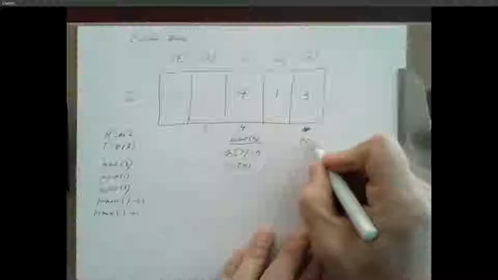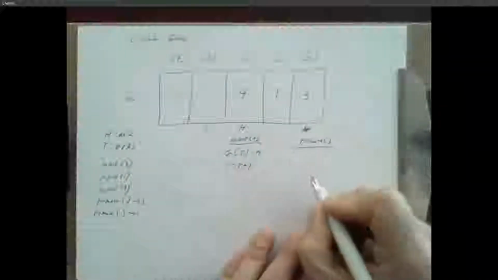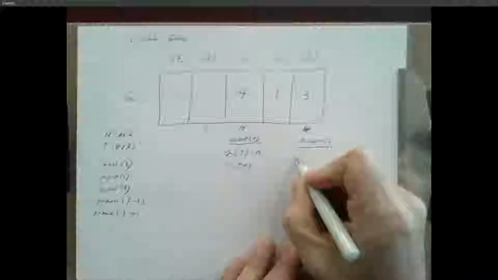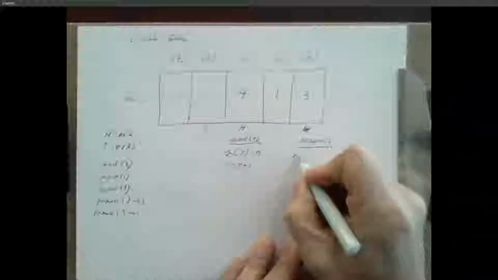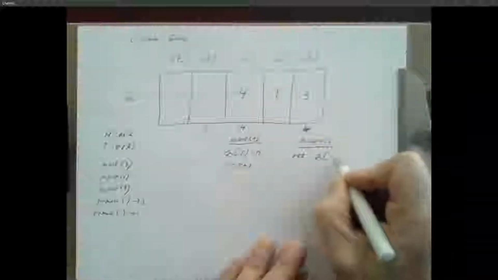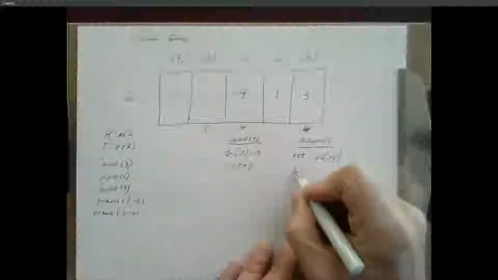So pseudocode for queue removal. So see what's stored at the head. I'll save that in a temporary called return.